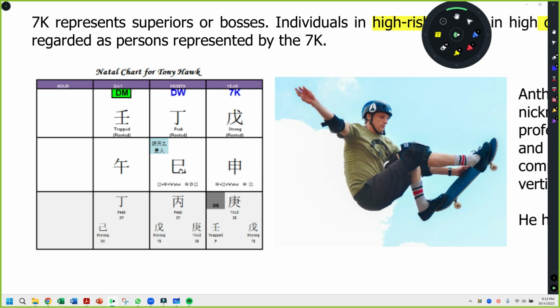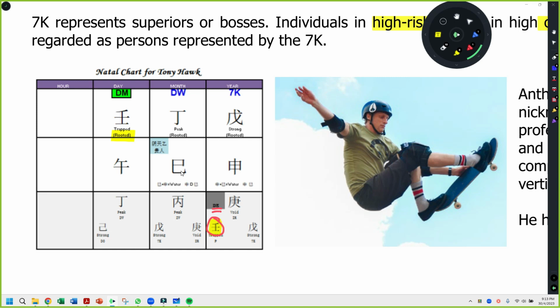Season represents 80% of the grading of the strength of the day master. Therefore, this is a weak day master. However, one can say that it is rooted. And where can you find the rooting? The rooting can be found in the Ren water, which is here. But this rooting is in death and emptiness.